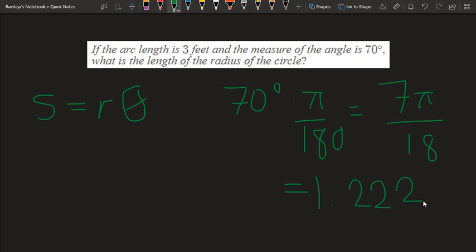So now after you got 1.222, which is the radian measure of your angle, all we have to do is once again substitute like we have been doing, and then we get 3 equals R times 1.222. And what we can do is divide both sides by 1.222 approximately, and that means that for this problem, our radius will approximately be 2.456 feet.